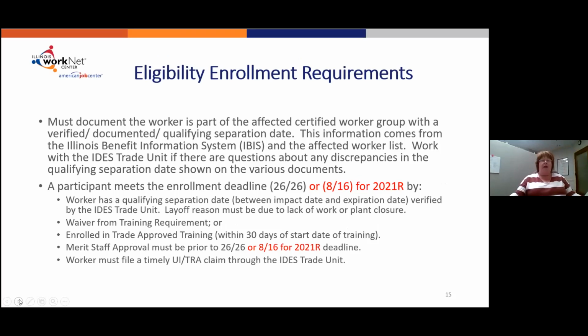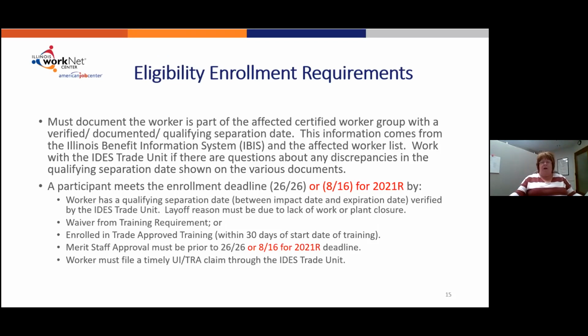Okay, so there are eligibility enrollment requirements for every participant. It must be documented that the worker is a part of the affected worker group, and that they have a qualifying separation date. And that information generally will come from the Illinois Benefit Information System, or we call it IBIS, and the affected worker list.